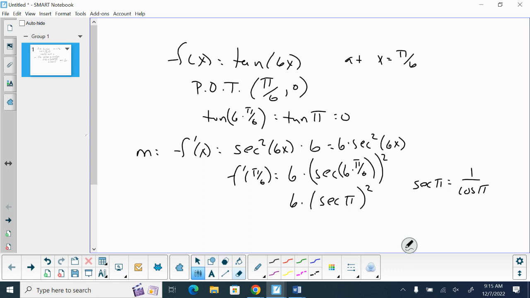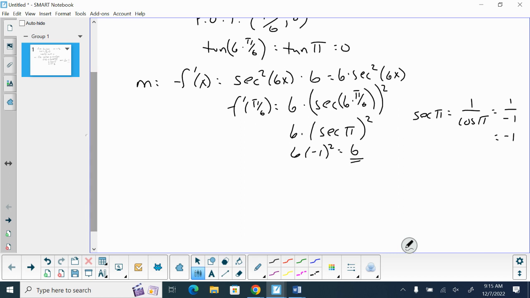The cosine of 180 degrees is, or cosine of pi if you're in the radian mode, -1. So this is 1 over -1 or -1. So we have 6 times -1 squared, which is a value of 6.